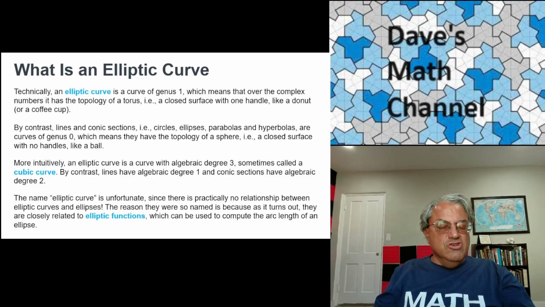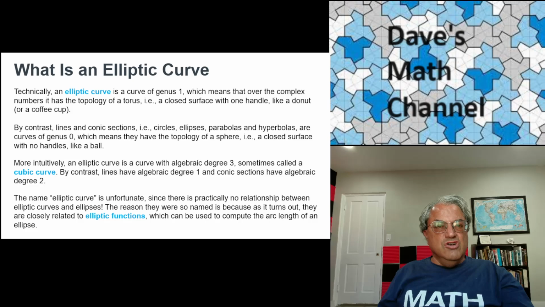And if you're working over the complex numbers, then it turns out these curves really look like surfaces, because complex numbers have two coefficients, a real and an imaginary part. Remember that a curve has two variables. A curve over real numbers has x and y coordinates. That's also true of complex numbers, except now x and y are complex, which means both x and y have two coordinates now.